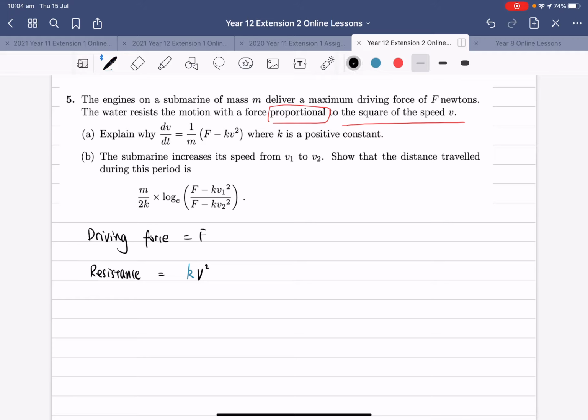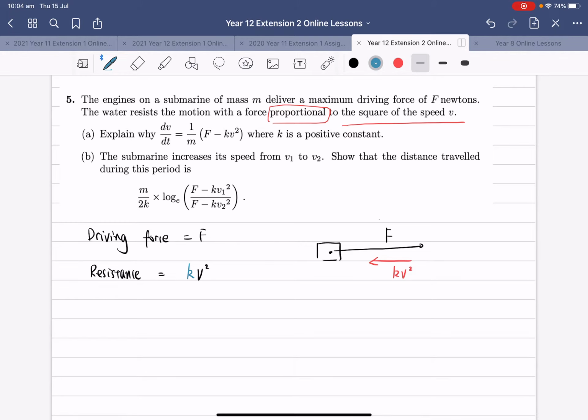Once we finish this, let's draw a diagram like last lesson. Imagine this submarine is moving towards the right hand side with a driving force F newtons. There's a water resistance going this way, and the water resistance is equal to kV squared. Now remember, the resultant force is still going from left to right.